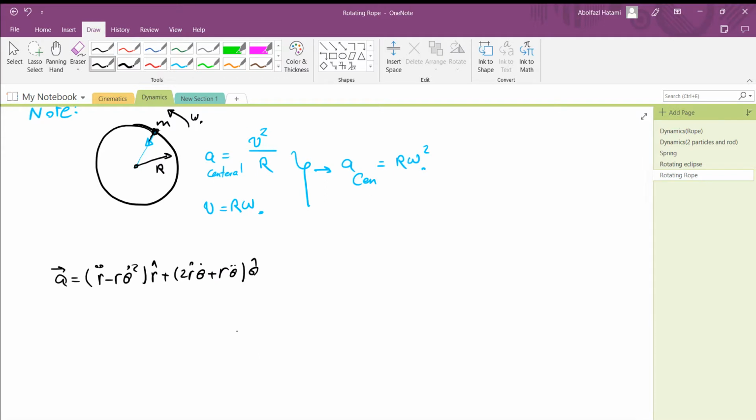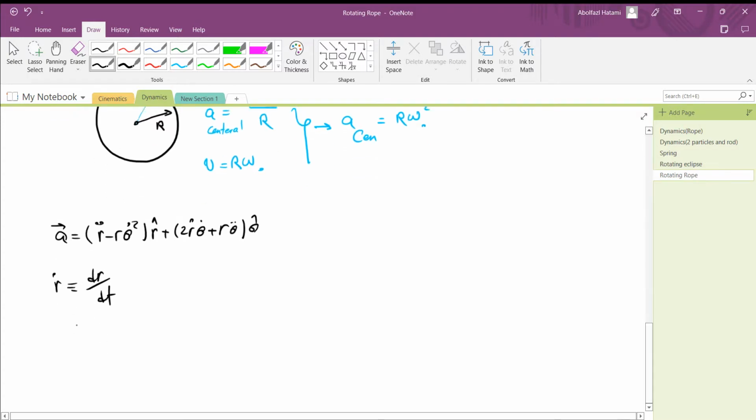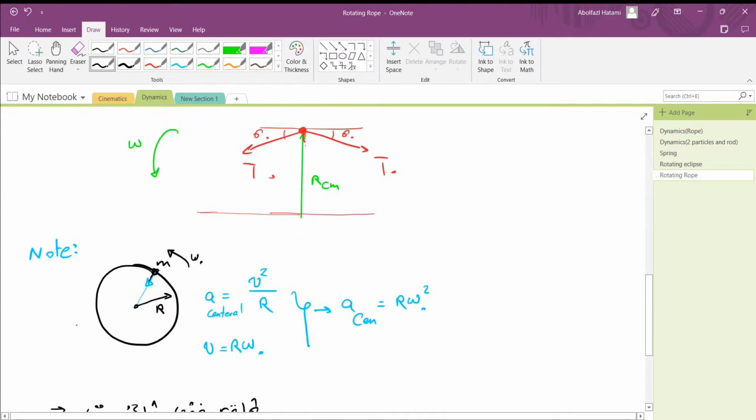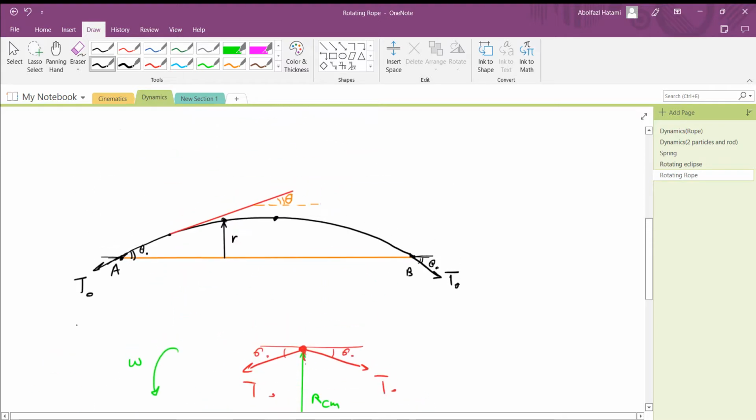In the polar coordinate system, the acceleration of a particle is going to be something like this, where the dot is the symbol of d. For example, r dot means dr over dt. But I don't want to talk about it.